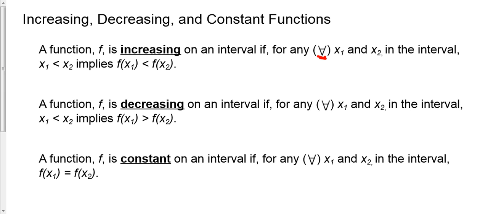Okay? Here, a function f is decreasing if for any x1 and x2, not just a particular x1 or x2, but any x1 or x2 where x1 is less than x2, it implies that f of x1 is greater than f of x2. And that makes sense, right? I need another sheet of paper for this. If I have a graph, right?